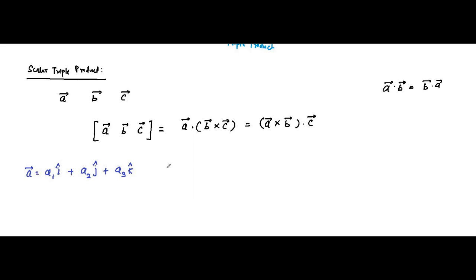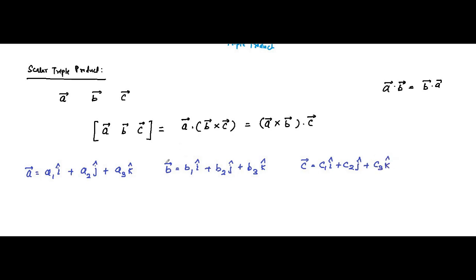B vector is B1 i cap plus B2 j cap plus B3 k cap, and C vector is C1 i cap plus C2 j cap plus C3 k cap.